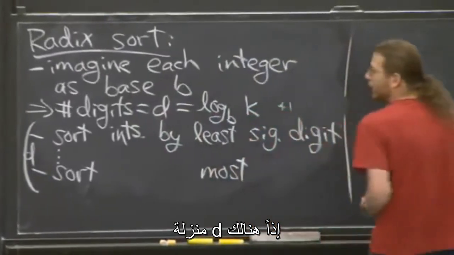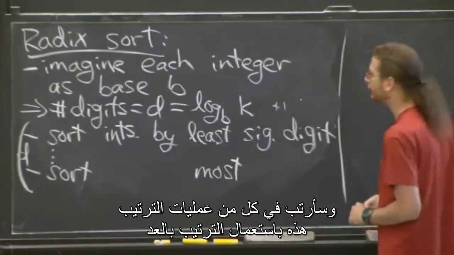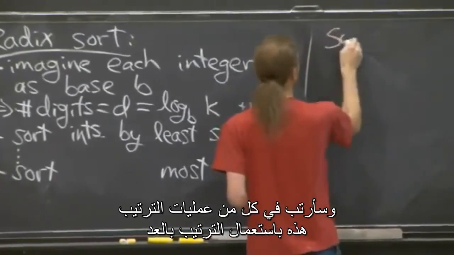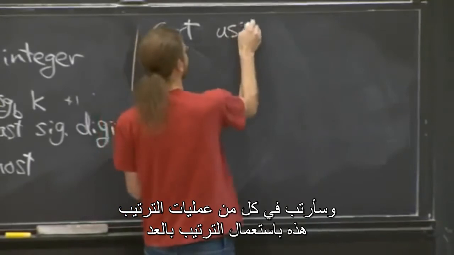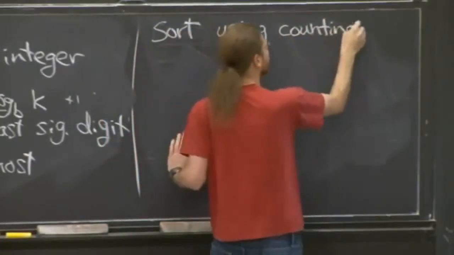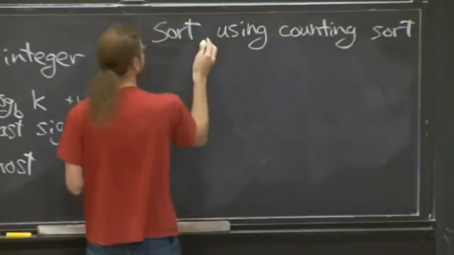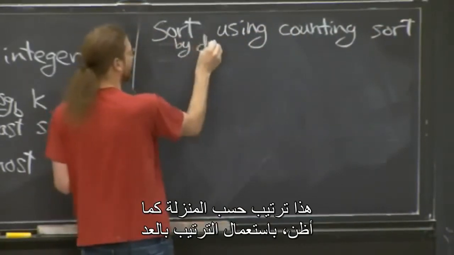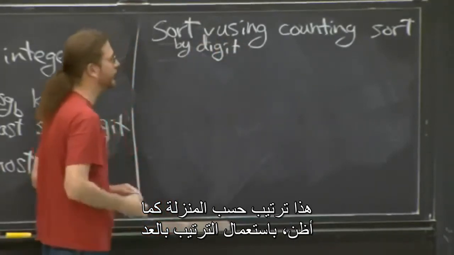So there are d digits. And I'm going to sort each of these sorts using counting sort. This is sort by digit using counting sort.